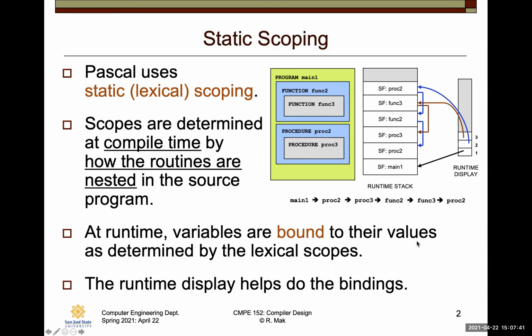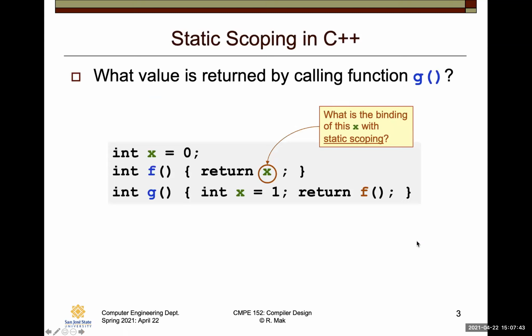Now, in C++, we also have static scoping. So take a look at this. Here I have int x equals 0. It's outside of these two functions, f and g, and so of course it's a global variable, and it would have scope level 1, say.